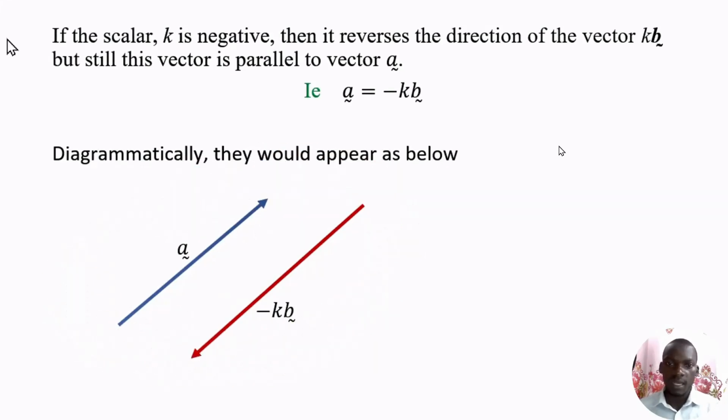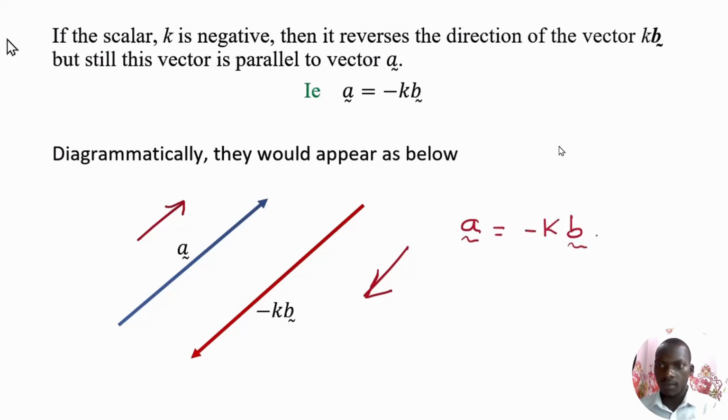Vector A is running in this direction, whereas vector B is running in the opposite direction of vector A. And by expressing these vectors, we've seen that vector A equals negative k times vector B. So they are parallel, only that they run in opposite directions.